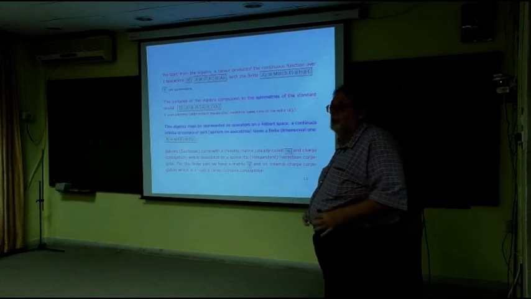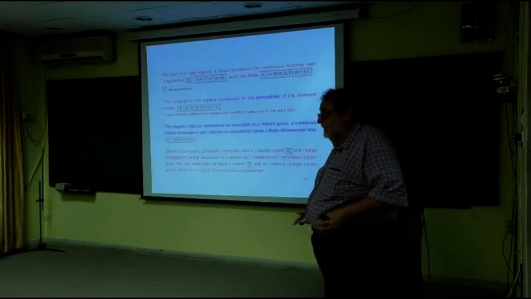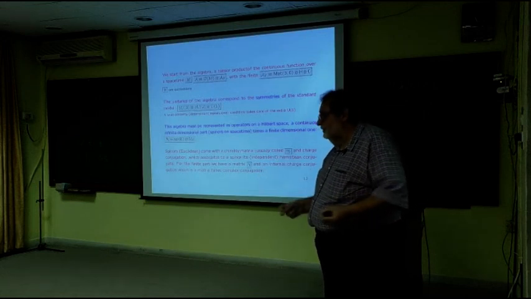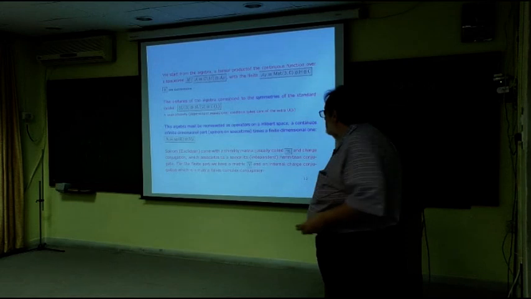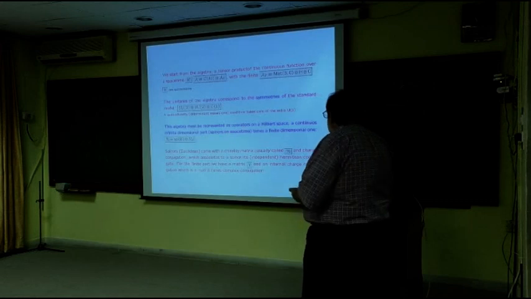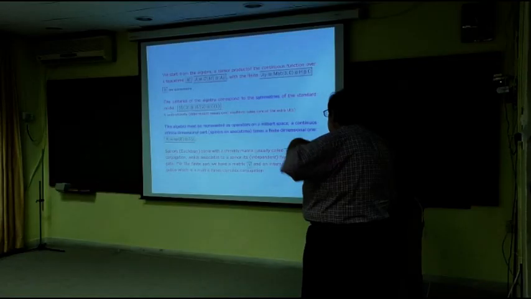If you know what particles are there, you say, I want these particles, and what is the interaction of these particles, you get some strong restrictions. As I said, the algebra must be represented as operators on a Hilbert space.